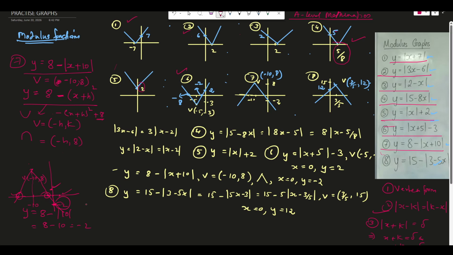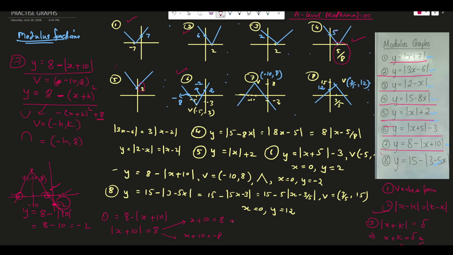So we are going to use the method of solving the equation. So 0 will be equal to 8 minus modulus of x plus 10. So if you take this modulus of x plus 10 on the left hand side, it will be equal to 8. Now this has two meanings, x plus 10 equal to 8 and x plus 10 equal to minus 8.